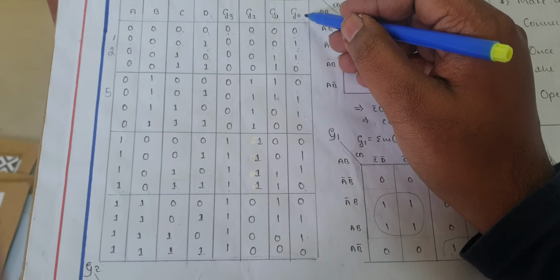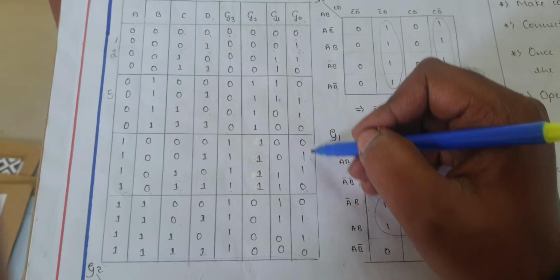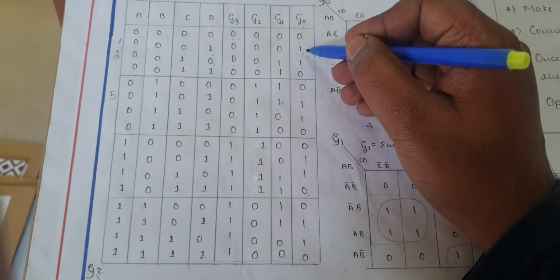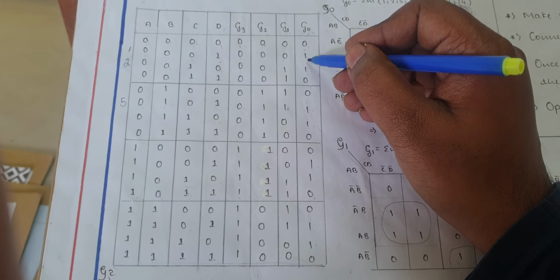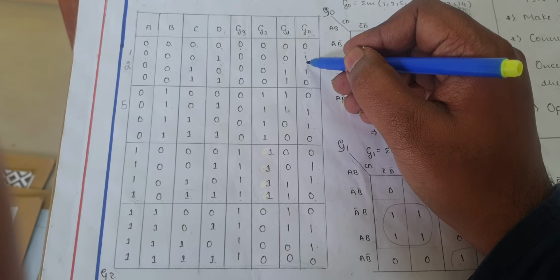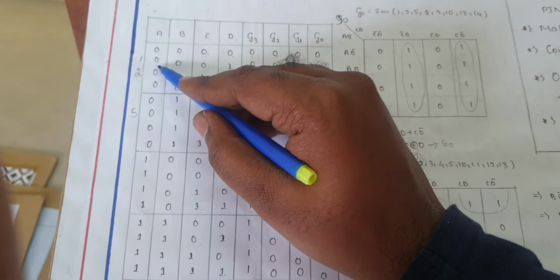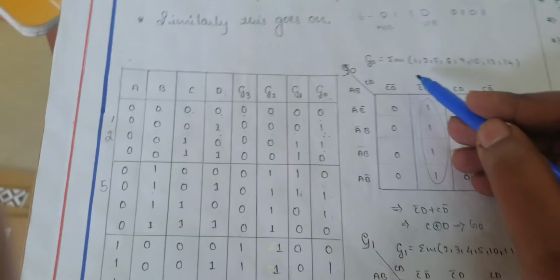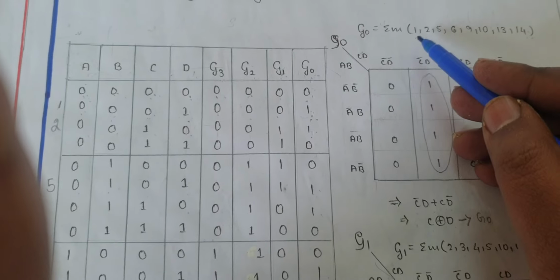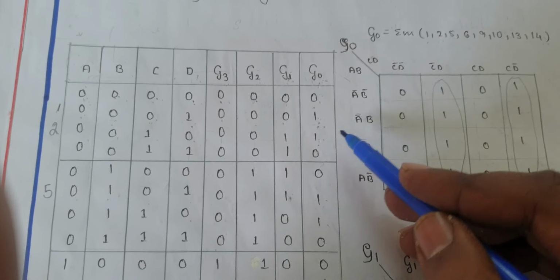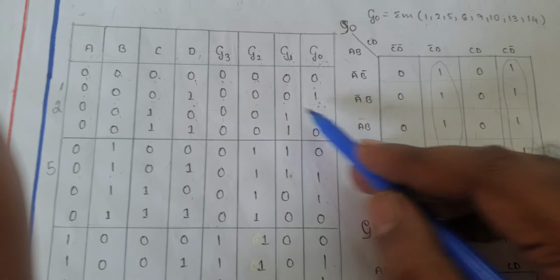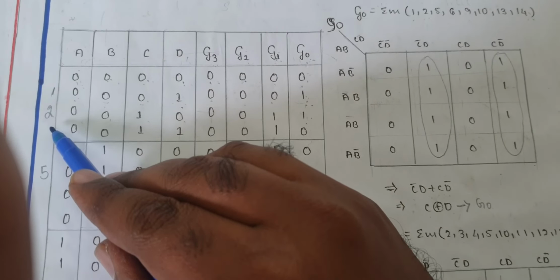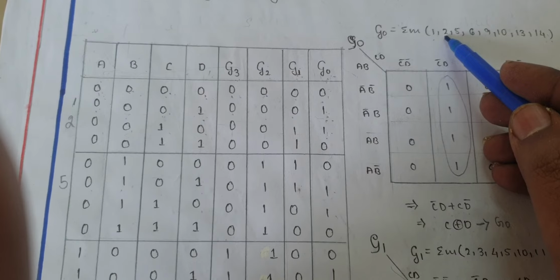So for G0, what are all the min terms I am having? I will write down all the min terms here. For G0 here I am having 1. What is the binary number associated with this? 0 0 0 1, which is 1. So the first min term will be 1. For the second one, the value will be 0 0 1 0, which is 2, so the second min term will be 2.